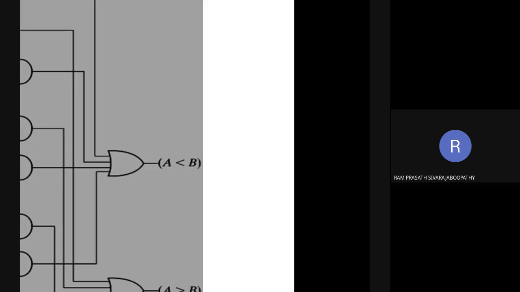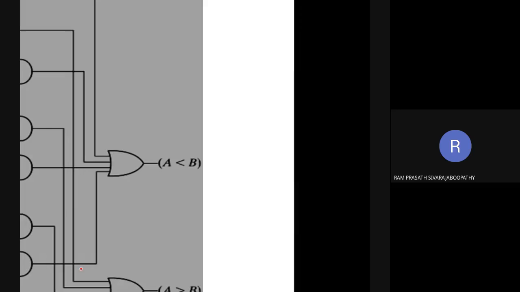This one is comparator 1. This one is comparator 0. So 4 1-bit magnitude comparators we are having. Each magnitude comparator has the output as we named: A3 B3, here L3 E3 G3, L2 E2 G2, L1 E1 G1, L0 E0 G0.